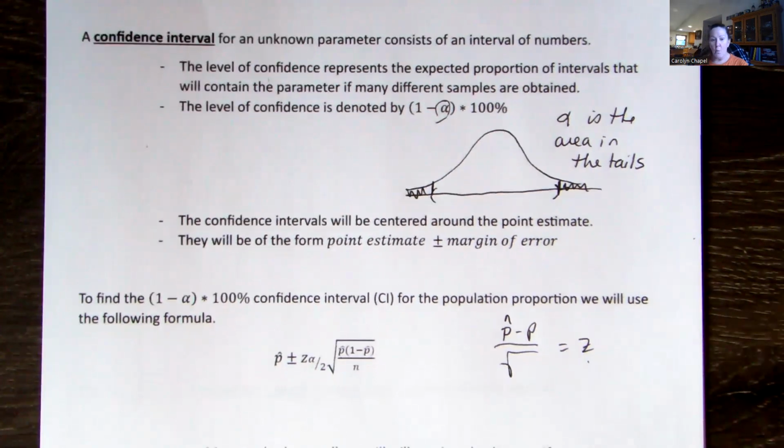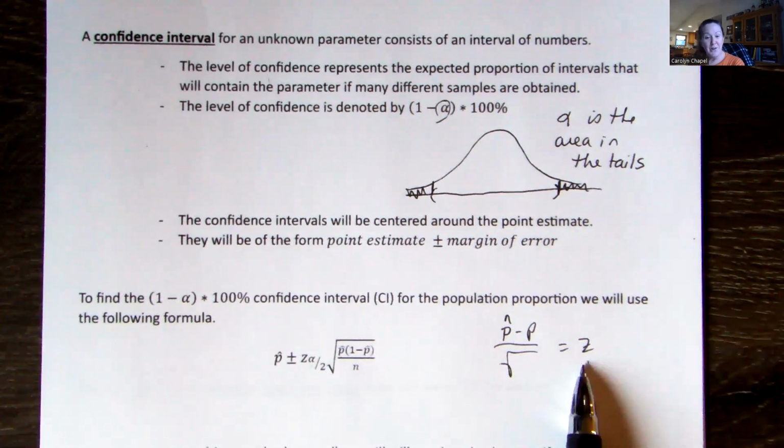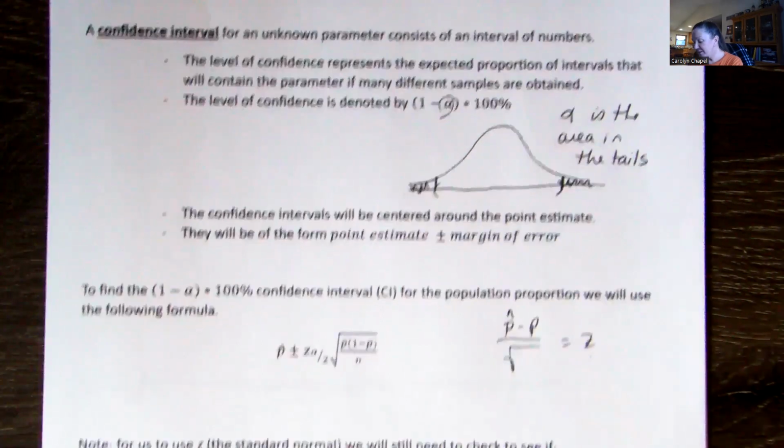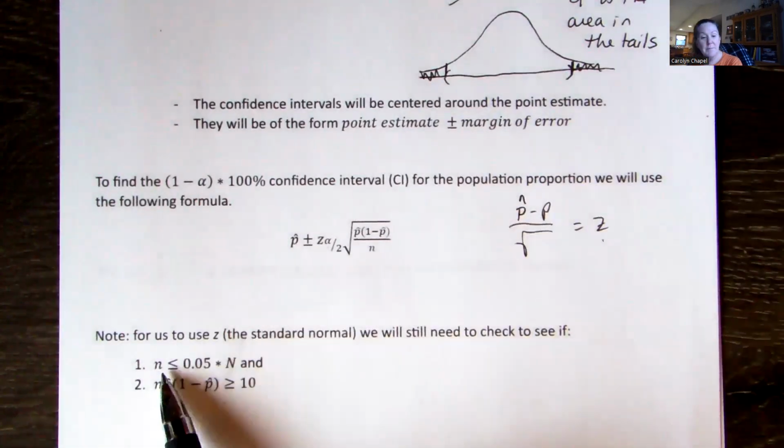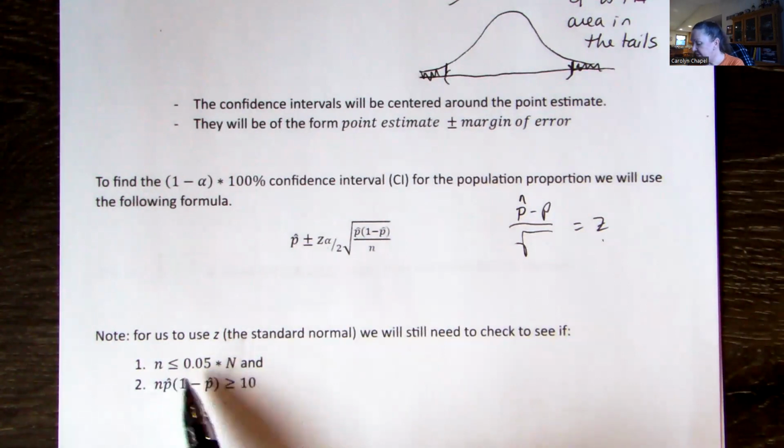Now this all works provided, of course, we can use our normal. So we do need to remember those two steps: that we need to make sure our sample size is smaller than 5% of the population.